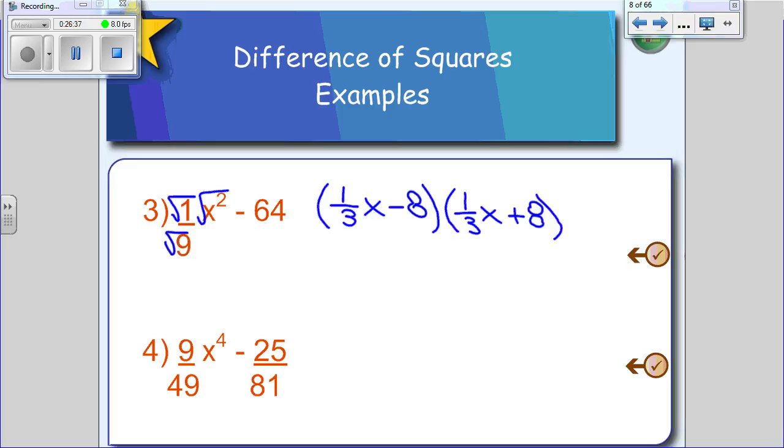Okay, go ahead, try number 4 on your own. So try difference of squares.